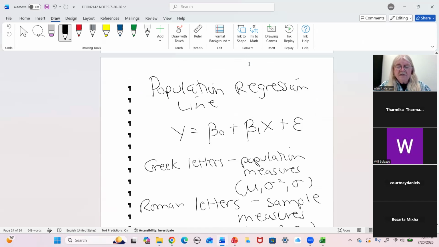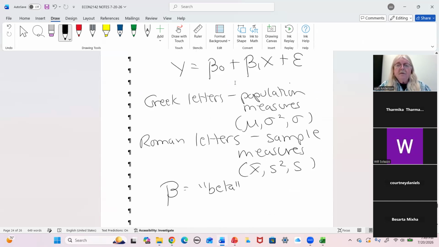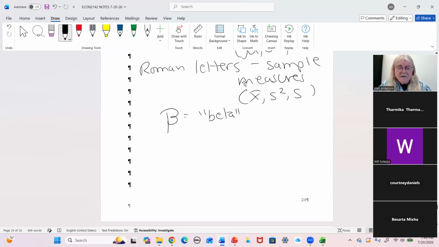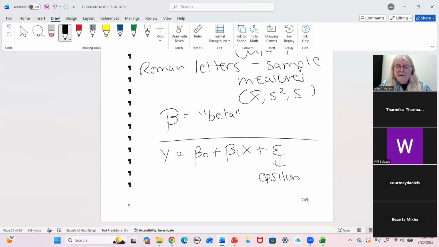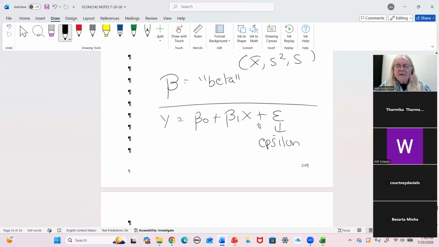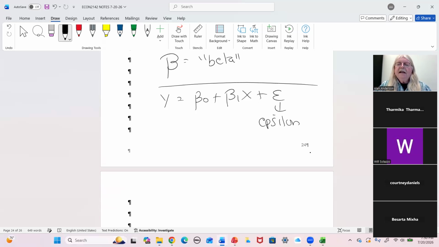We're going to estimate the sample version of this, of course. Oh, by the way, there's another one hiding in there too. This is the Greek letter epsilon. It's cloaked with mystery, but usually it's used to represent something that's uncertain.